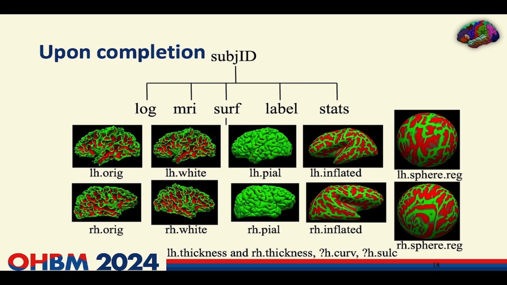The inflated surface, as you can see, helps you see the details a little bit more, so you don't have information that's hidden on the surface. Most of our algorithms that take place after we reconstruct these surfaces are in the spherical space, which is basically mapped onto the unit sphere. But this is a little bit difficult to visualize findings on when you're discussing it with neuroscientists or physicians. So it's nice to have an option of going in between the different representations, depending on what you want to do with the surface or what you want to visualize.